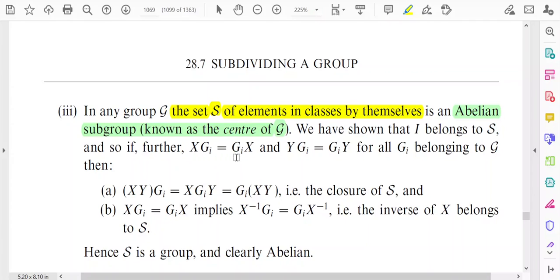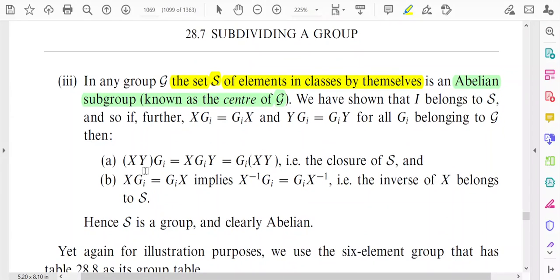So x gi equals gi x and y gi equals gi y for all gi belonging to G. Now focus on this particular relation. Suppose we write xy into gi; from this relation we write y into gi as gi into y. Now x into gi, we write as gi into x. So xy gi is equal to gi into xy.